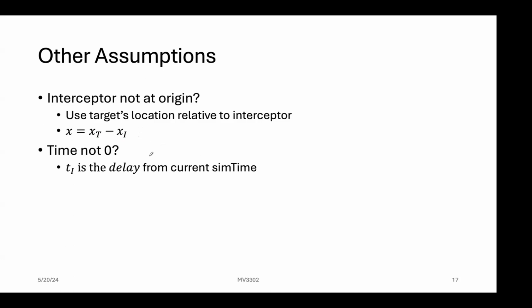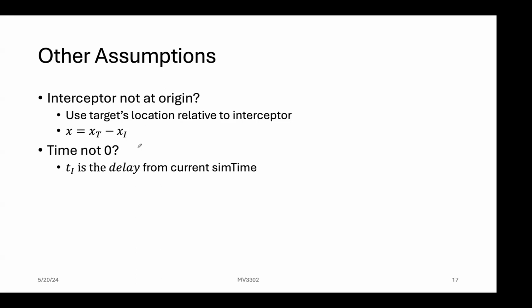Okay, what was the other assumption? That the time was 0. Well, what if the time isn't 0? Well, remember, this is one of the advantages of the whole discrete event thing, is that what we have computed is the delay from our current sim time.